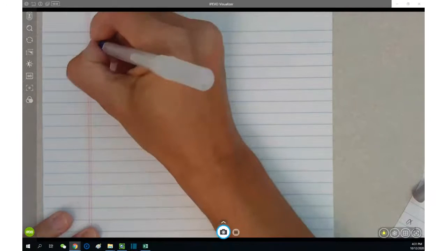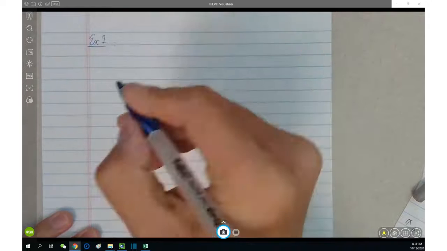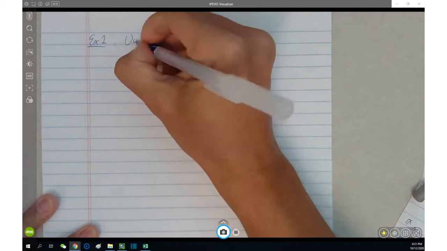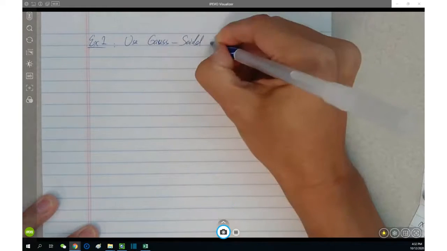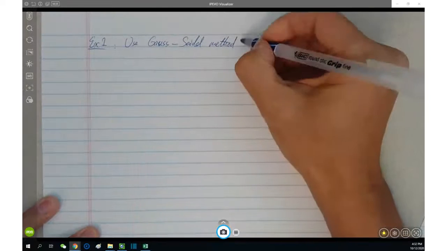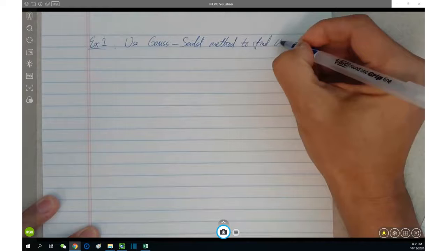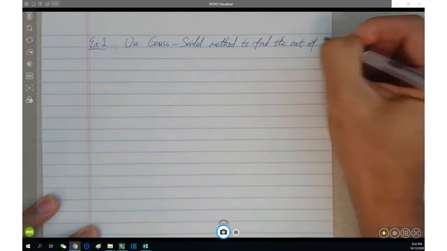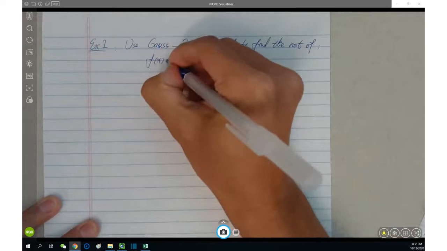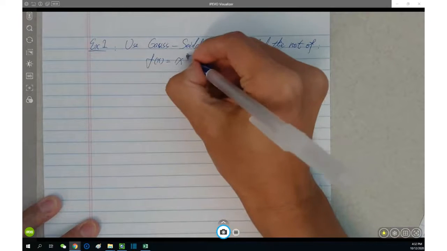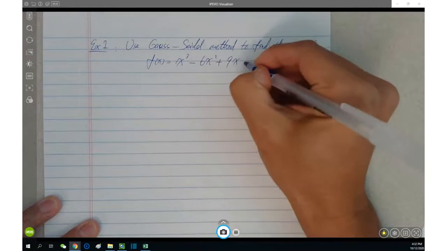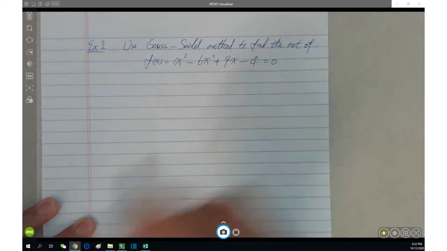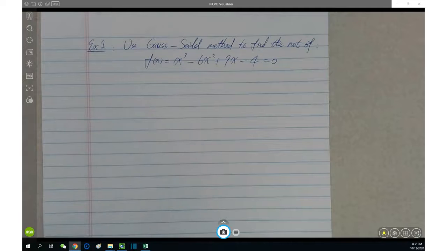All right, let's go through one example. I use the Gauss-Seidel method to find the root of pretty much one equation containing one unknown.